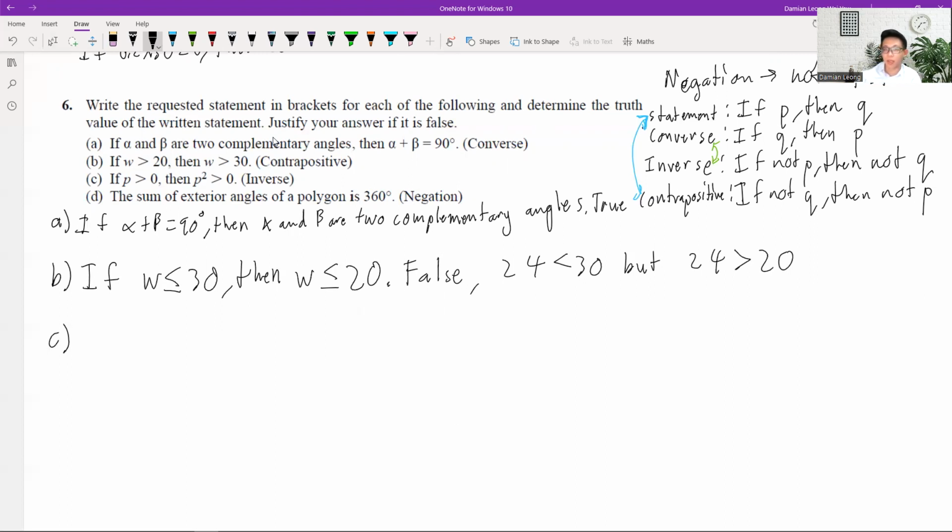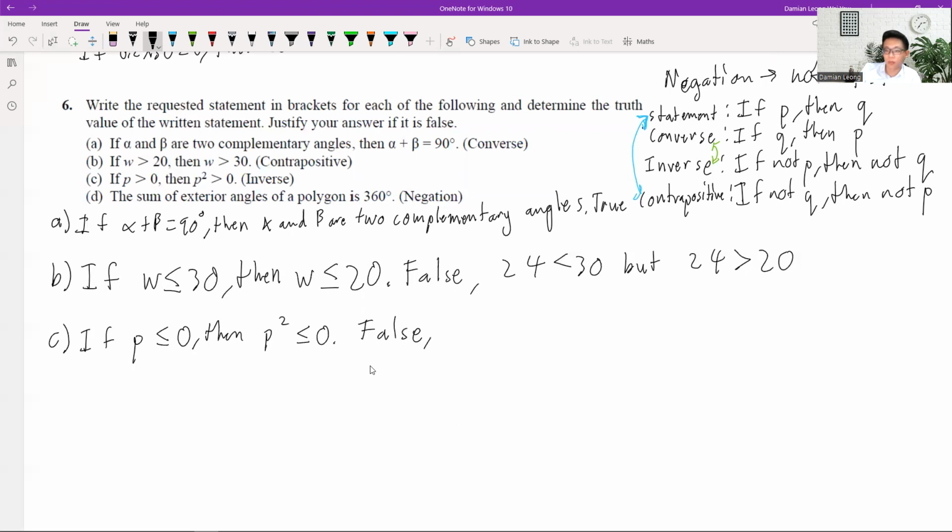Okay, that's part B. Part C: if P more than 0, then P square more than 0. Inverse means negate both antecedent and consequent. So if P less or equals 0, then P square less or equals 0. This is also false.